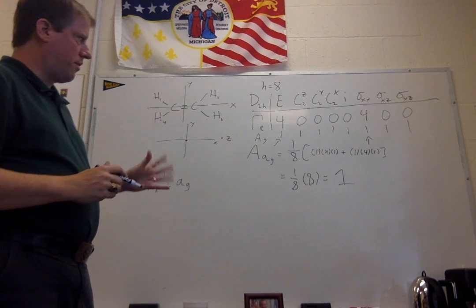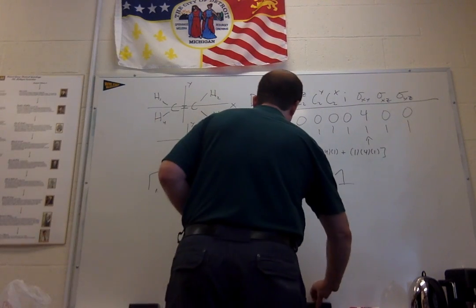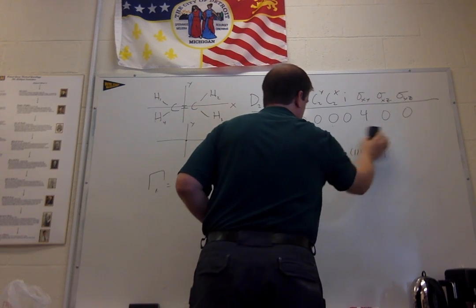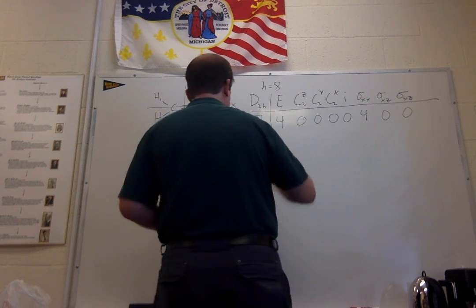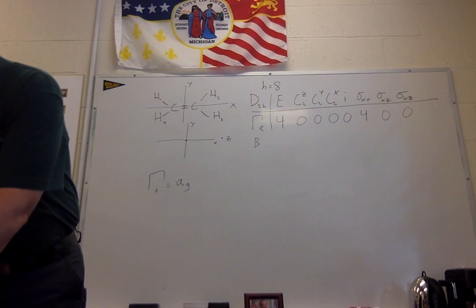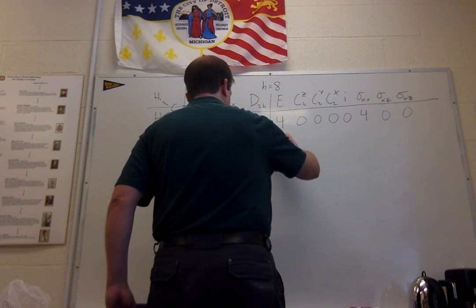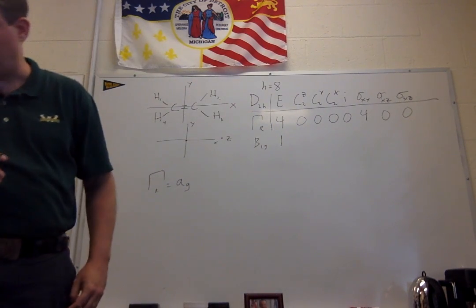Now we're going to go and do the same thing for all the other symmetries along the character table. So the next one is B1g. Under the identity, we have a 1, and we don't worry about the next 4 things.